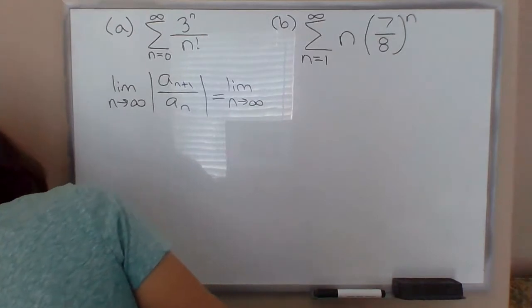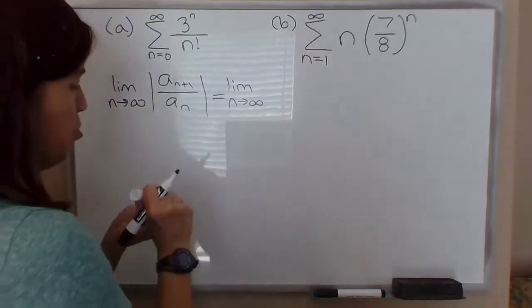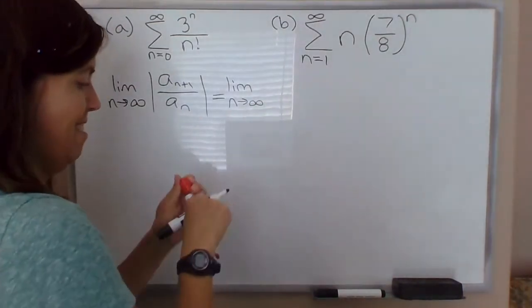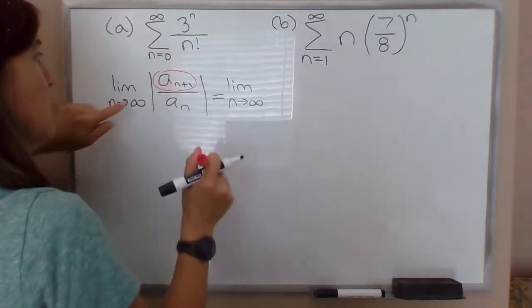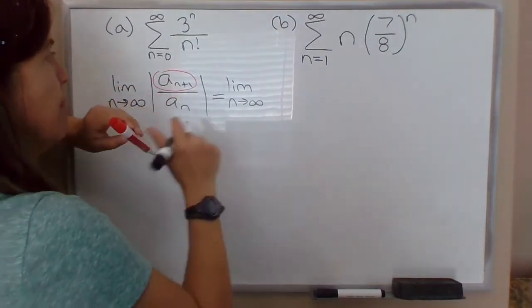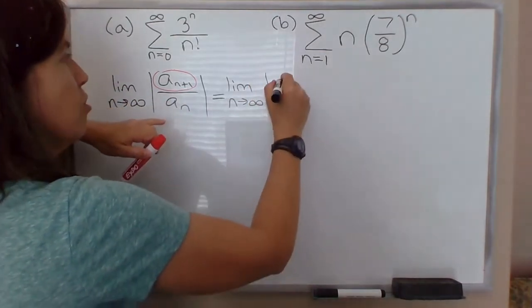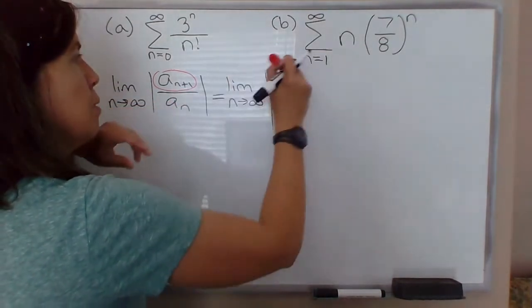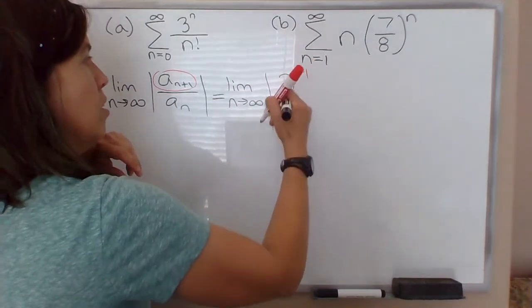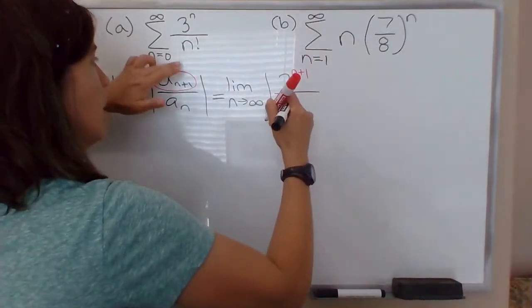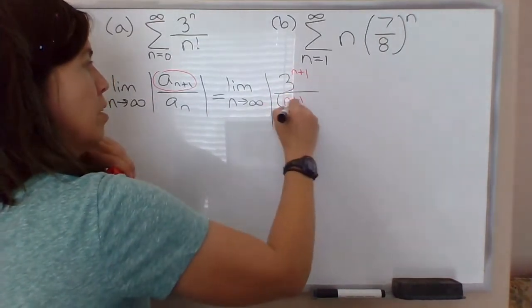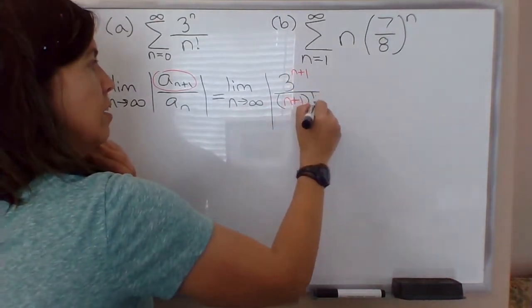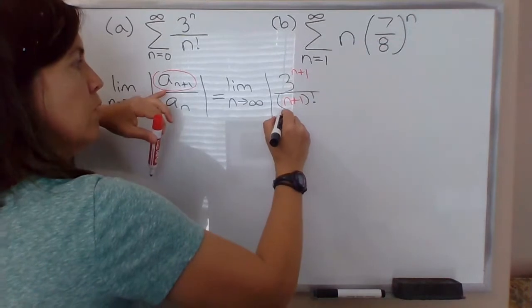With the n plus 1 term, you should substitute n plus 1 in place of each of your n's. So this should be 3 to the n plus 1 over n plus 1 factorial. Okay, so there's your a n plus 1 term.